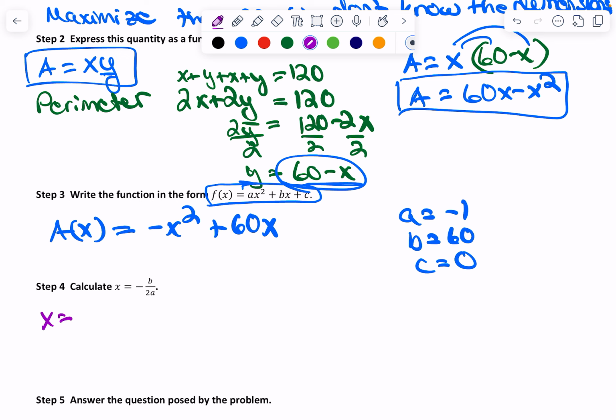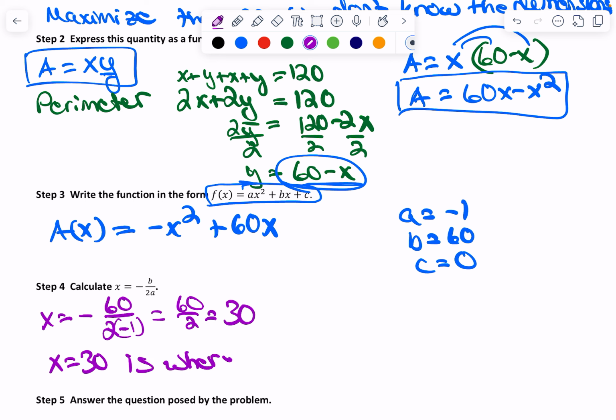So x equals negative 60 over 2 times -1. Again, we have two negatives. Those cancel each other out. 60 divided by 2 is 30. So x equals 30 is where the maximum occurs.